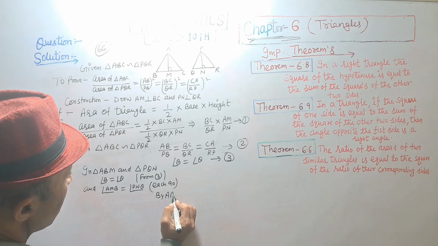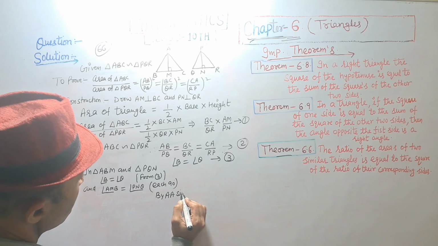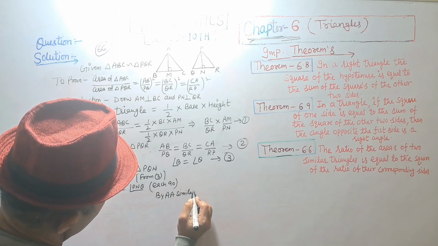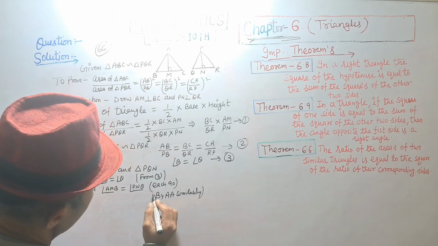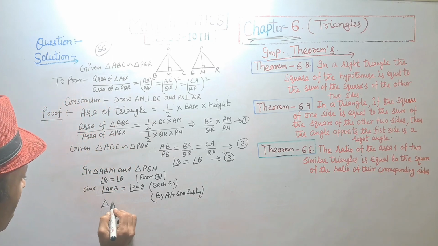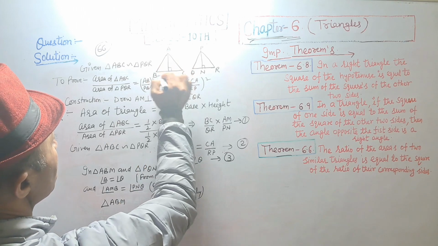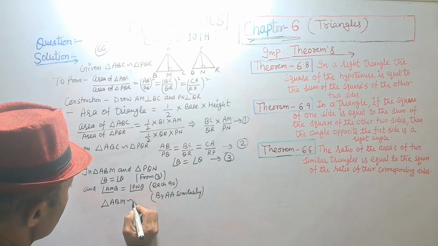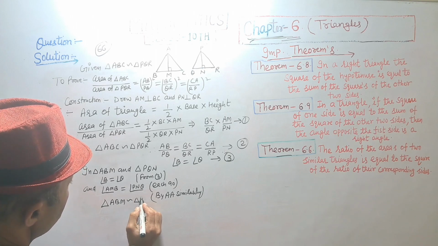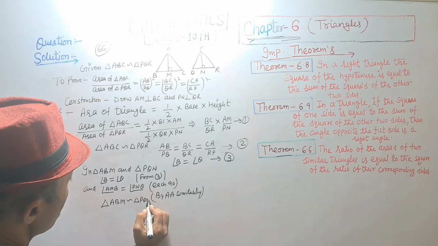By angle similarity, triangle ABM is similar to triangle PQN.